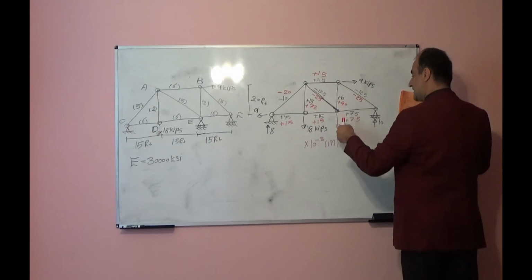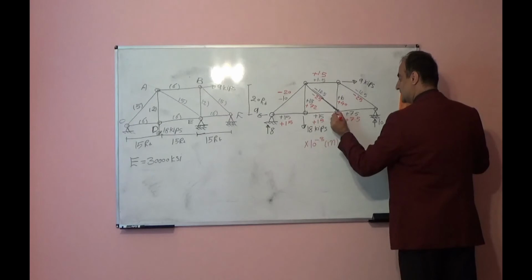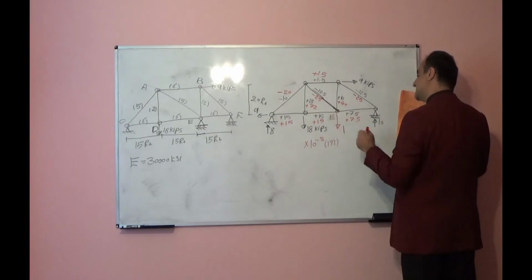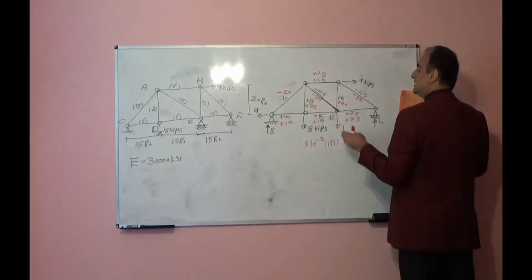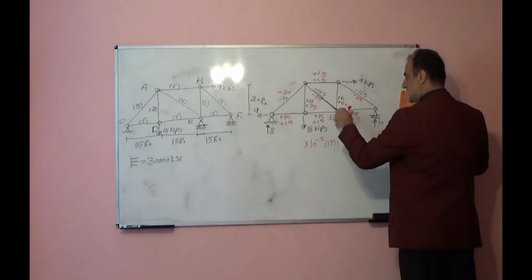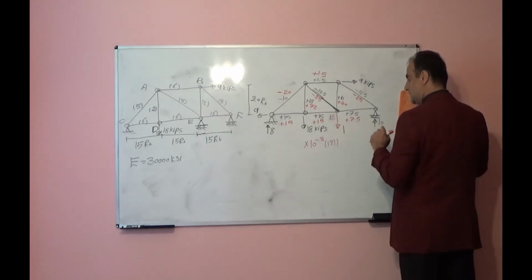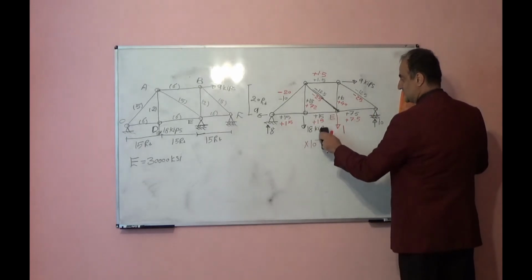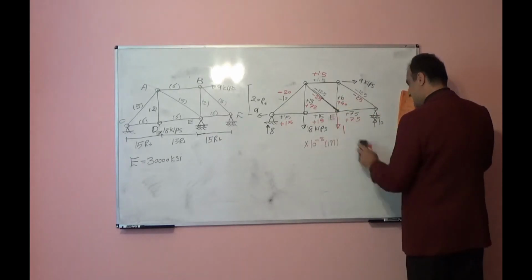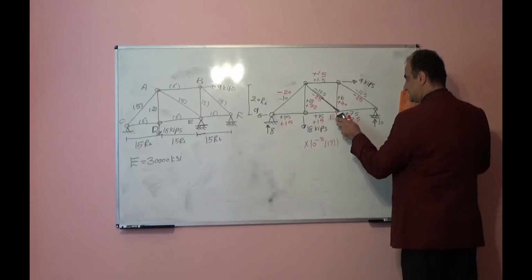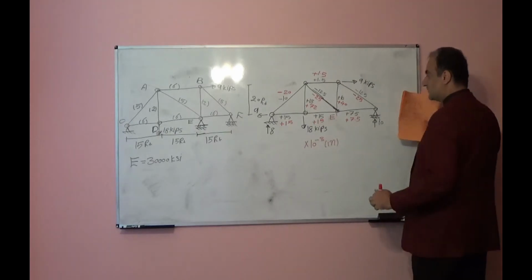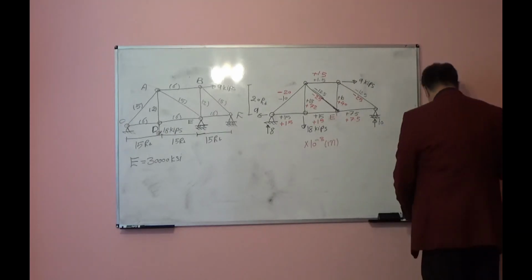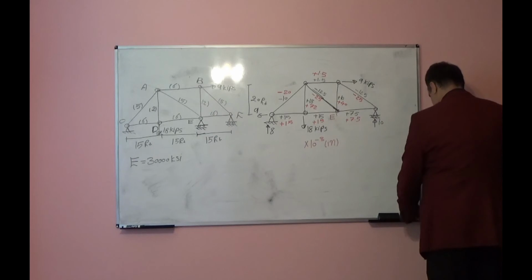I will apply unit load because I want to find deflection in the vertical direction at point E under real load. So I will apply virtual load 1 unit. I will remove the real external load, and I will find again the internal forces in those members. Let's do that.